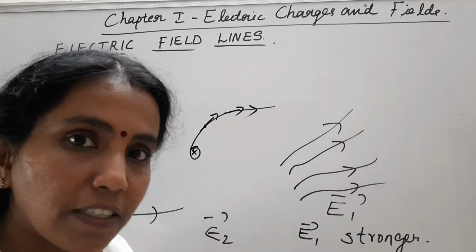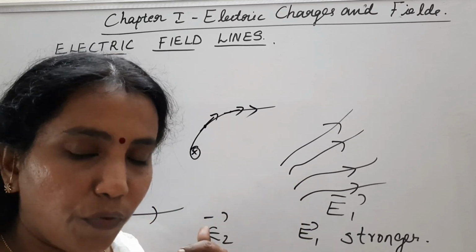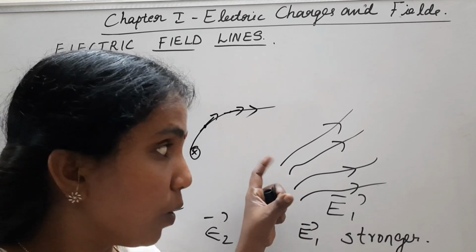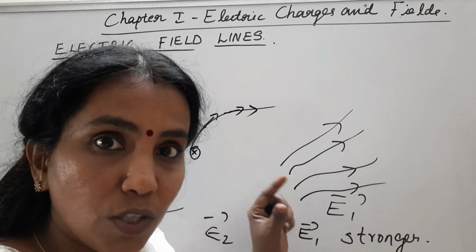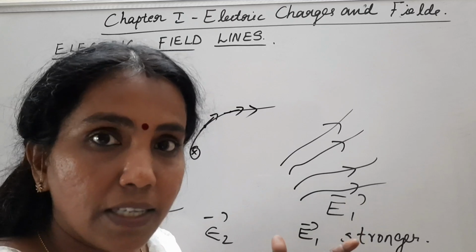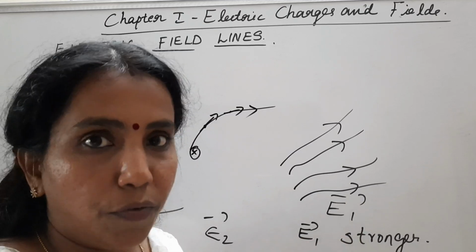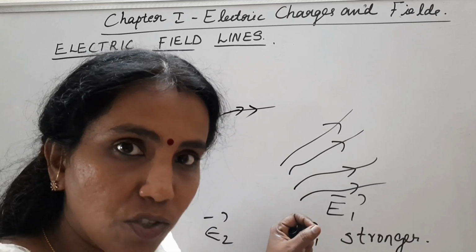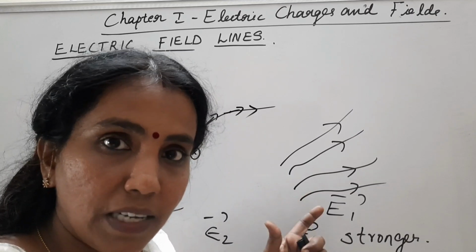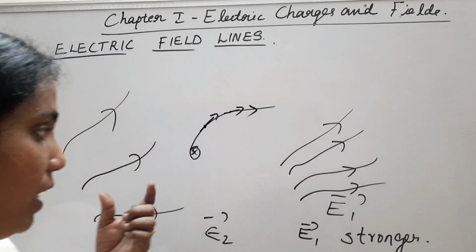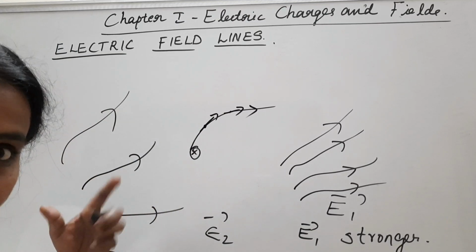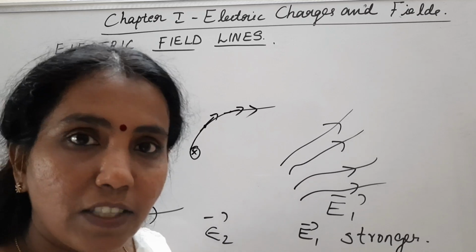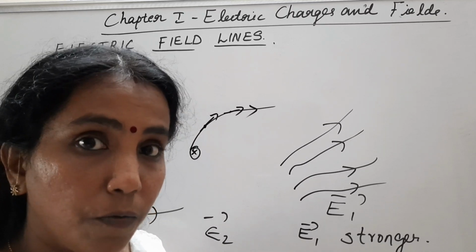So what makes the distinction between a strong field and a weak field in terms of field lines? The relative closeness of field lines gives us an idea about the strength of the electric field. If the field lines are very close to each other, it represents a strong field, and if the field lines are widely separated, if they are far apart, that set of field lines represents a weak field.